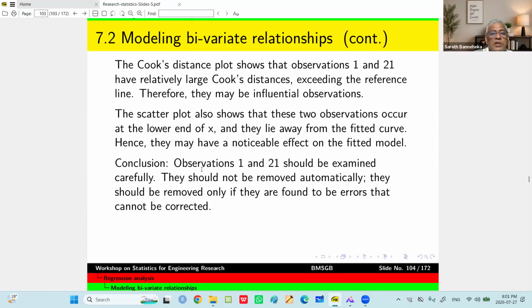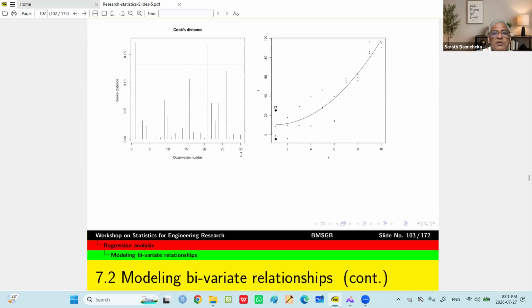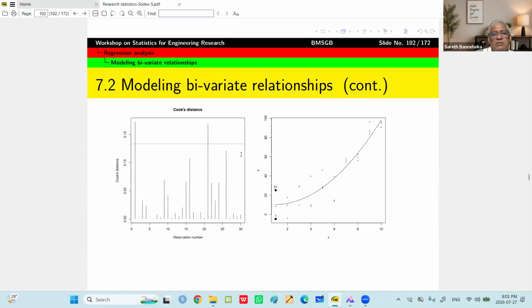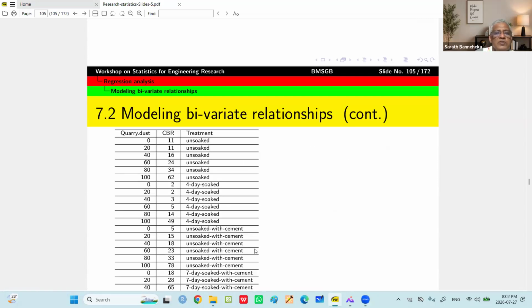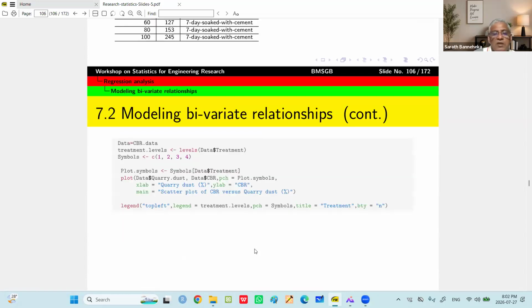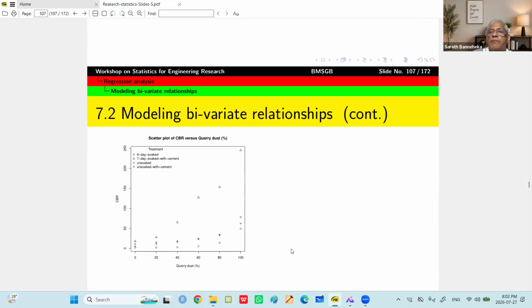These are an indication of some influential observations, but they are not that serious. So I'm going to omit that part just to limit the time that I have already spent. As I mentioned, if you want, you can read the note because this will be included in the note. So Cook's distance can be considered as a measure of the adequacy.